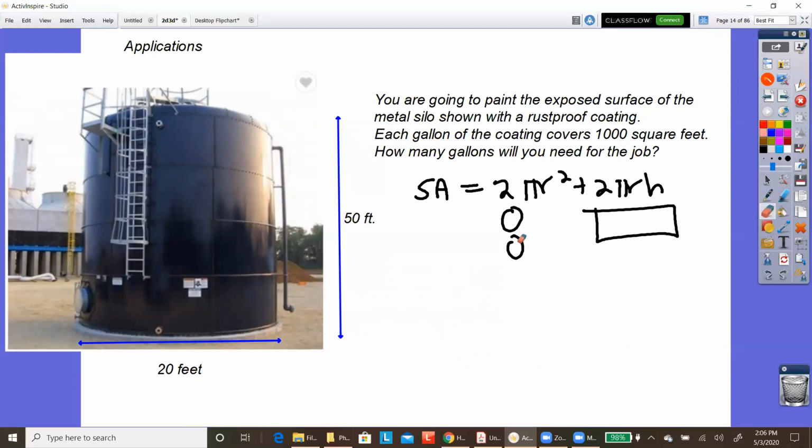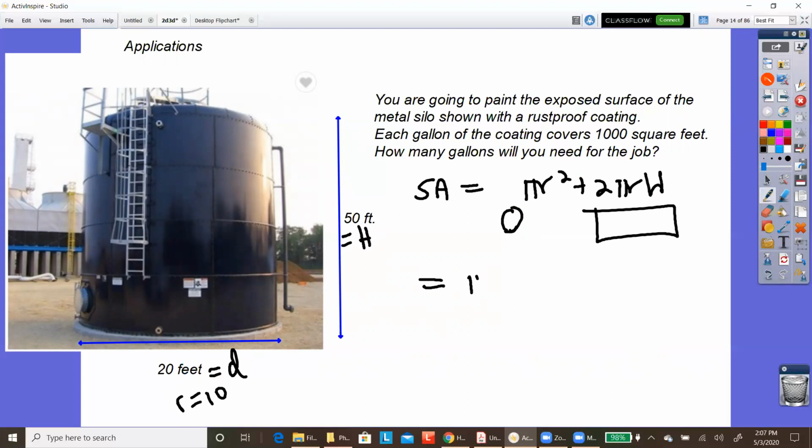So since you're only dealing with one circle, we can eliminate this 2 in the front to reflect that we're only dealing with one circle. So it's just pi r squared and then 2 pi rh for the lateral surface. So again, diameter is 20. Be careful that you know what you're dealing with, which means the radius would be 10. And this is the height that I'm going to plug into my formula.